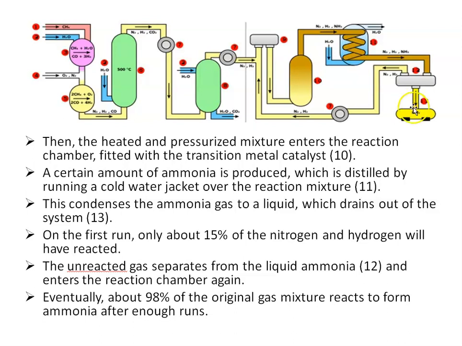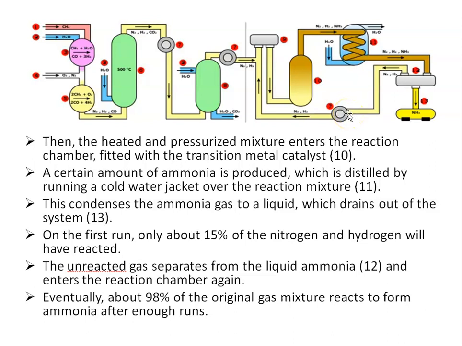On the first run, only 15% of the nitrogen and hydrogen will have reacted. Now, unreacted gas separates from here. This is nitrogen and hydrogen, which is unreacted. Both these gases separate from the liquid ammonia, right?